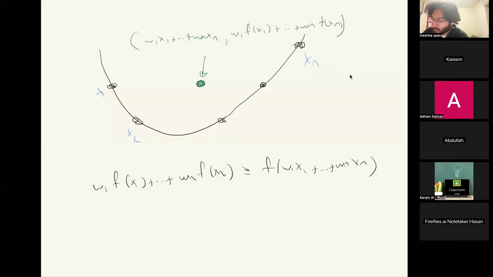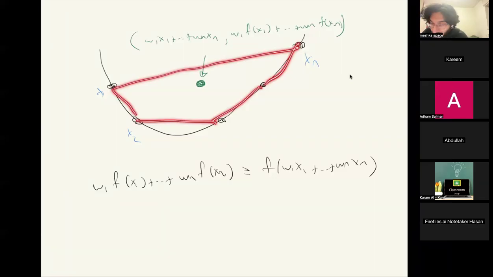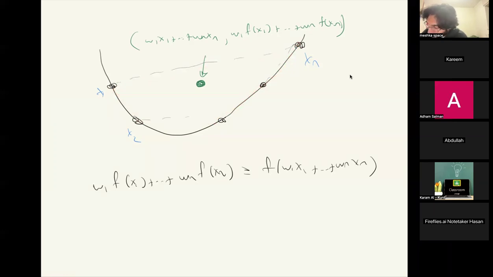Now we know the weighted combinations always lie inside of this convex hull. So in particular, this thing lies inside of this convex hull. But moreover, it lies above the corresponding point on the curve. So this green is the left-hand side, its y coordinate, and this red is the right-hand side.